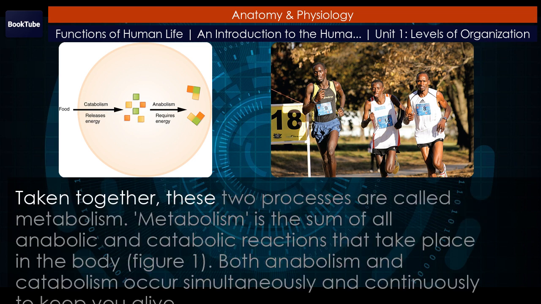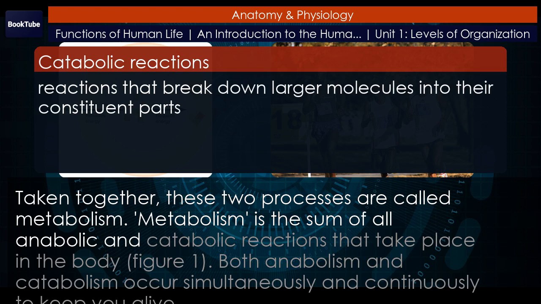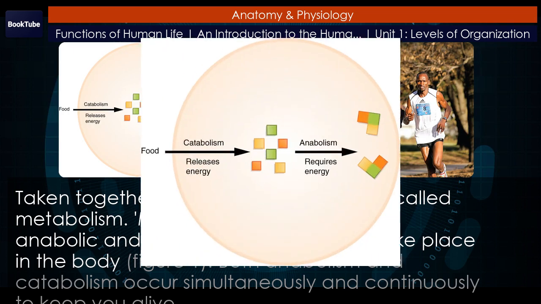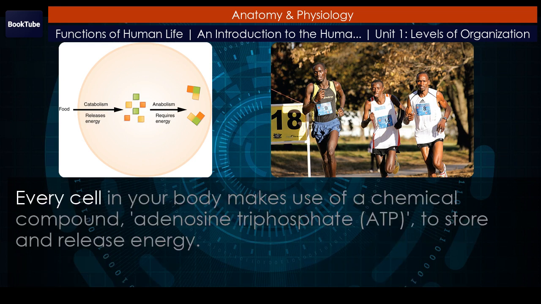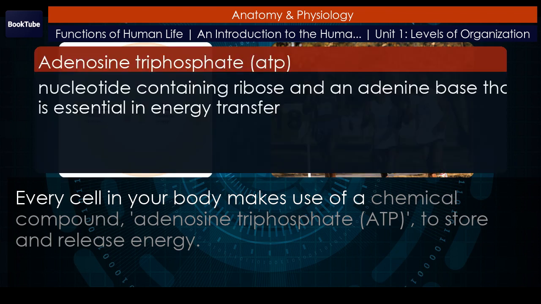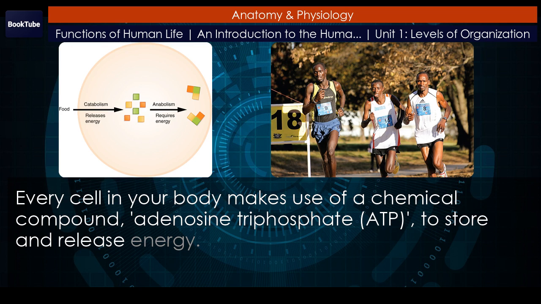Taken together, these two processes are called metabolism. Metabolism is the sum of all anabolic and catabolic reactions that take place in the body. Figure 1. Both anabolism and catabolism occur simultaneously and continuously to keep you alive. Every cell in your body makes use of a chemical compound, adenosine triphosphate, ATP, to store and release energy.